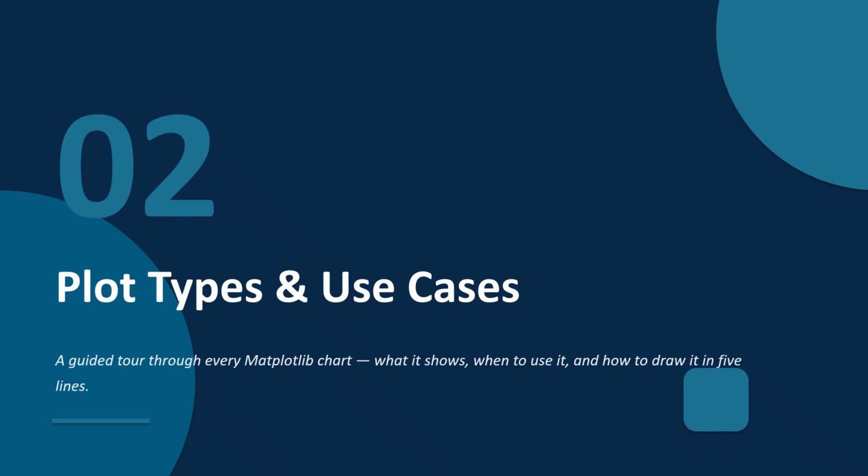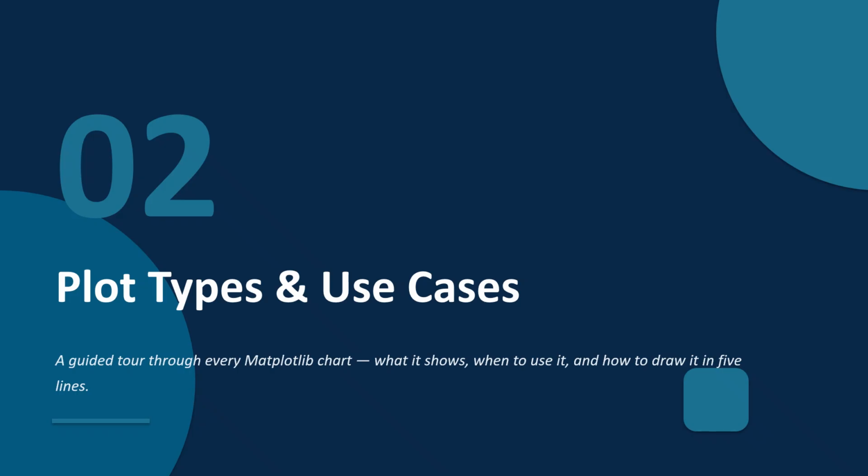In the last lecture, you might have learned the Matplotlib architecture and how to draw your very first line plot. And now we'll go wide, covering 10-plus different chart types, explaining the concept behind each and every chart, showing the code, and most importantly, teaching you to pick the right one for the right job.